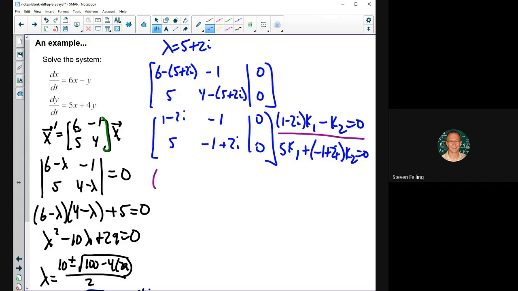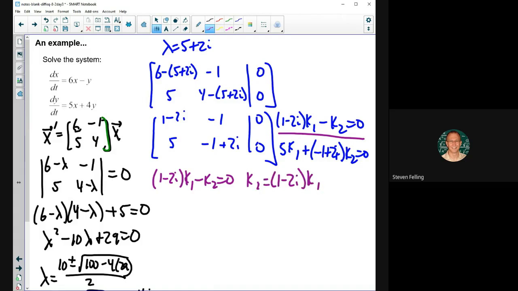So if I start with 1 minus 2i k1 minus k2 equals 0 as an equation, then I can solve one of those in terms of the other. So what I'm going to do is solve for k2. It's easy to solve for that. K2 would therefore be equal to 1 minus 2i k1.